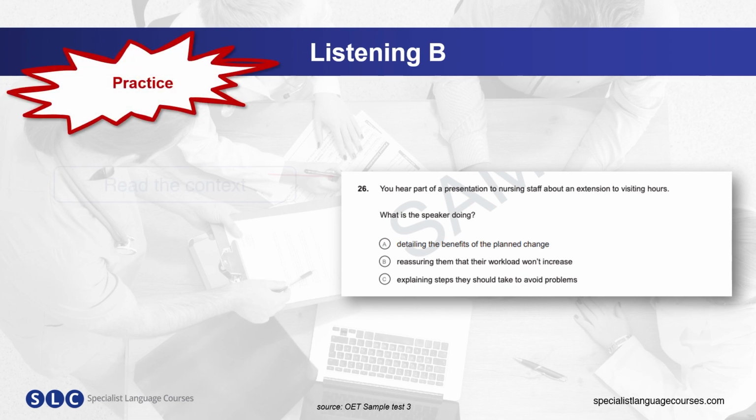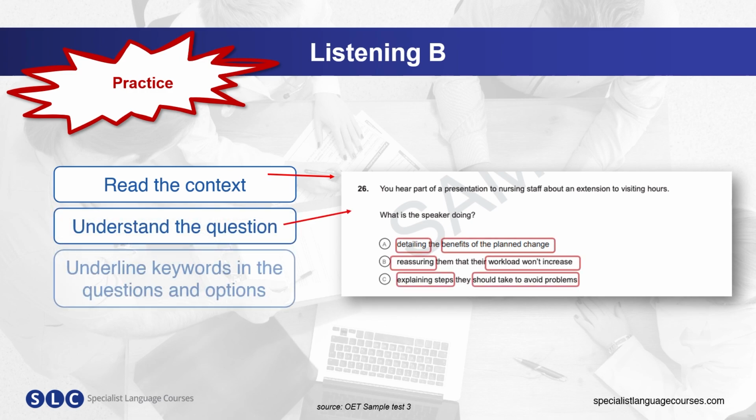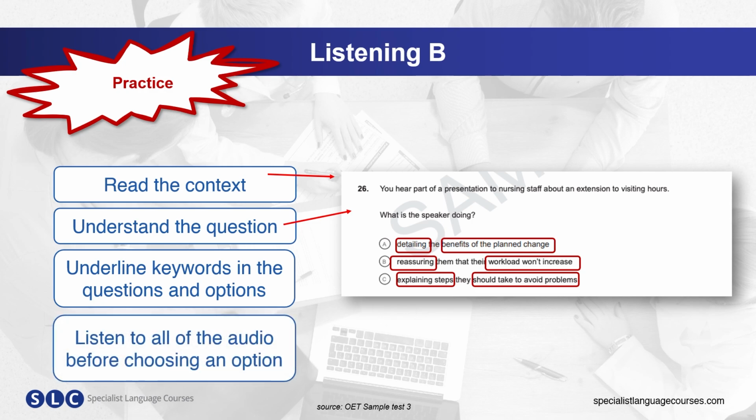Okay, so read the context, understand the question, underline keywords, and remember you need to listen to all of the audio before choosing an option. Are you ready? Let's listen.